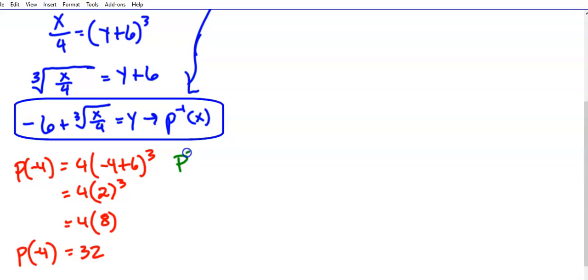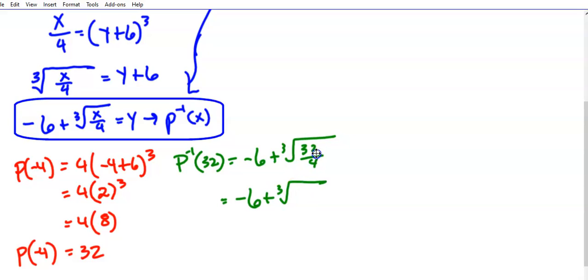So we have the p inverse of 32 is going to be equal to negative 6 plus the cube root of 32 over 4. 32 divided by 4 is 8, and negative 6 plus the cube root of 8, which is 2, is equal to negative 4.